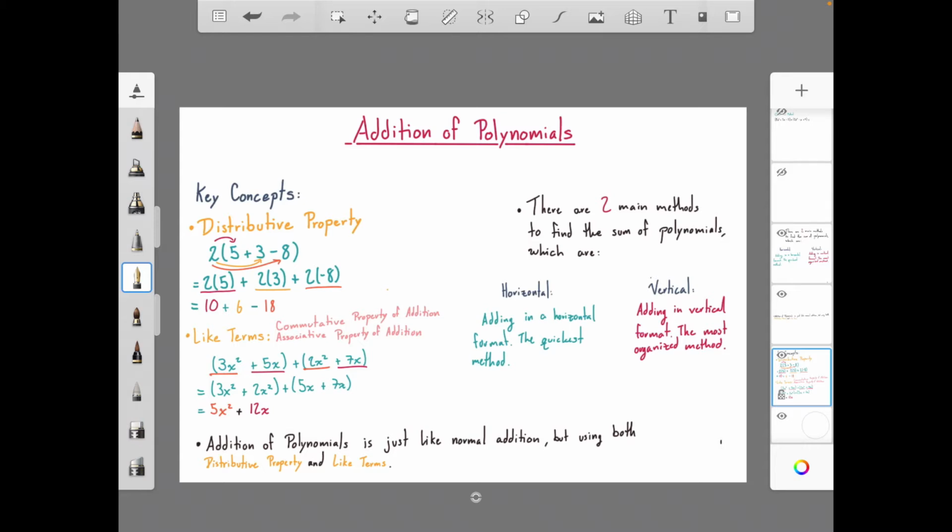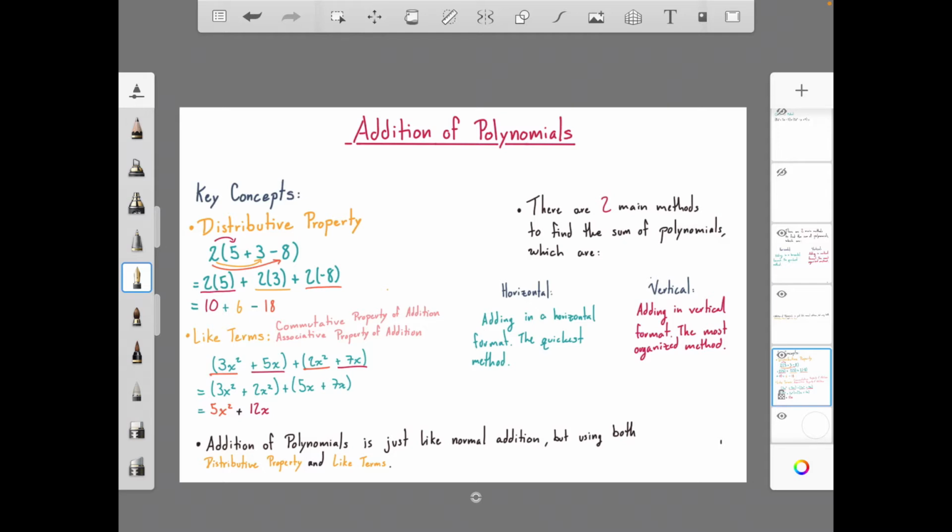But I would recommend starting with the vertical method, which is adding in a vertical format, and it's the most organized method. This method is similar to the way addition is taught during elementary school in vertical format. So it's very organized and easy to understand, but it takes a bit more time.